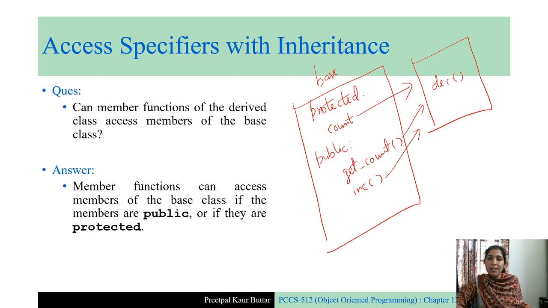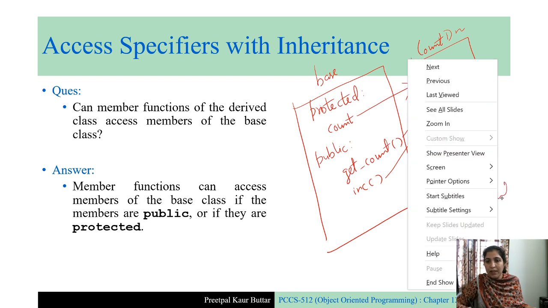We have seen during the programming practice that if we create an object of this class, the name of this class was countdown, and we create an object of this class, countdown C, then using the C dot operator we could access all the members of this class. We could access count, we could access get count, we could access increment.